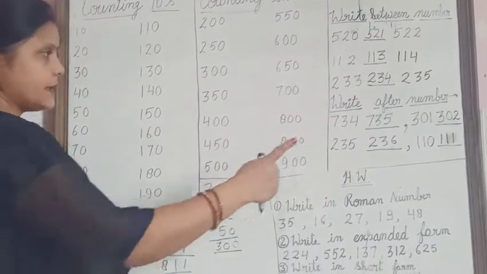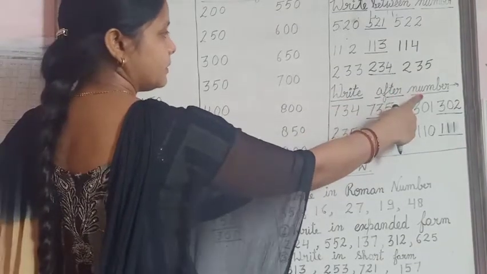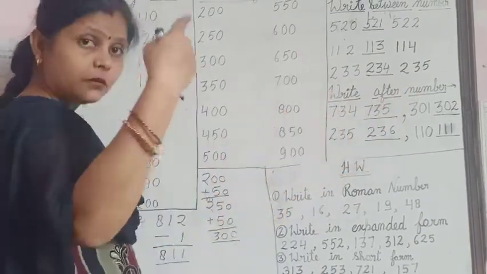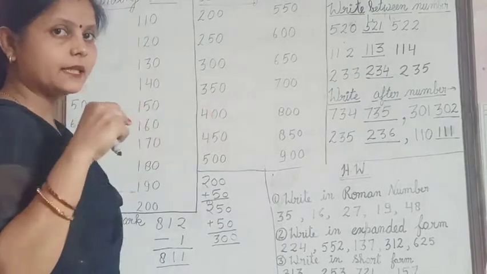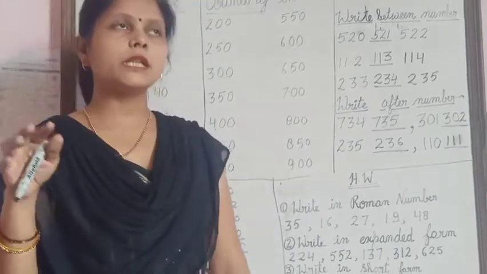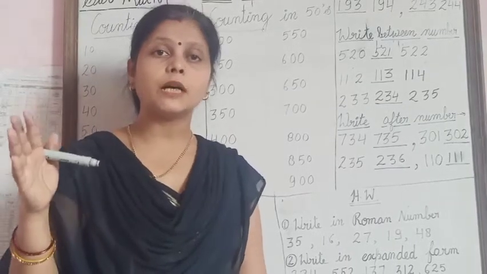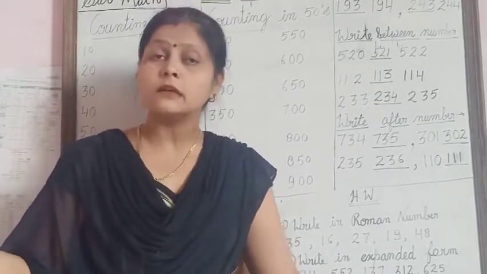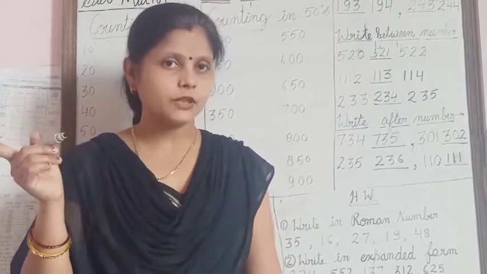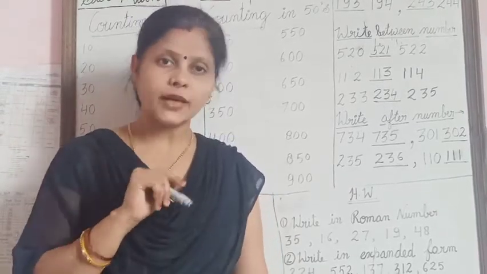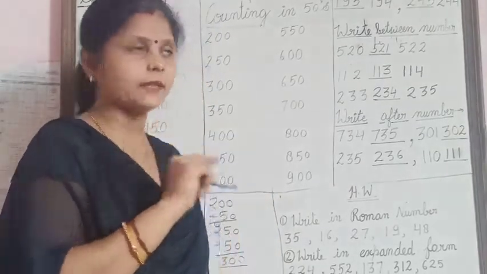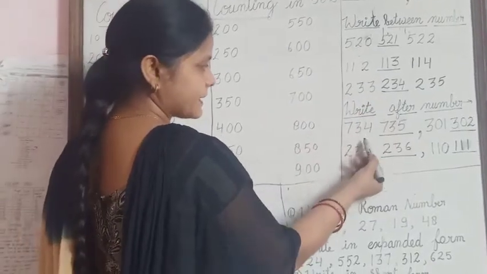And next is the right after number. After means the number after that number. If anyone asks you 7's after number, there are more numbers after, but you want the just after number. So when you find the just after number, add 1 to this number.